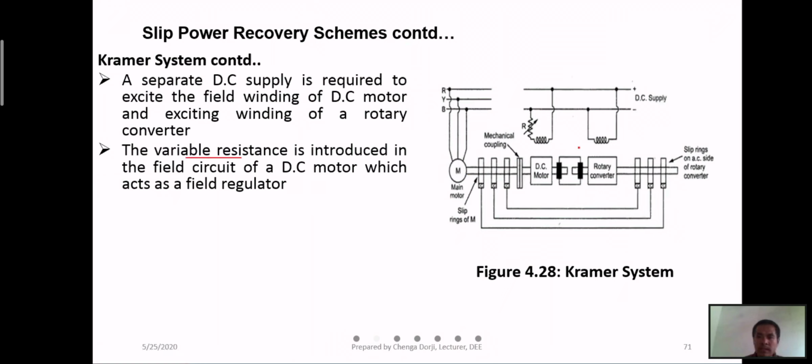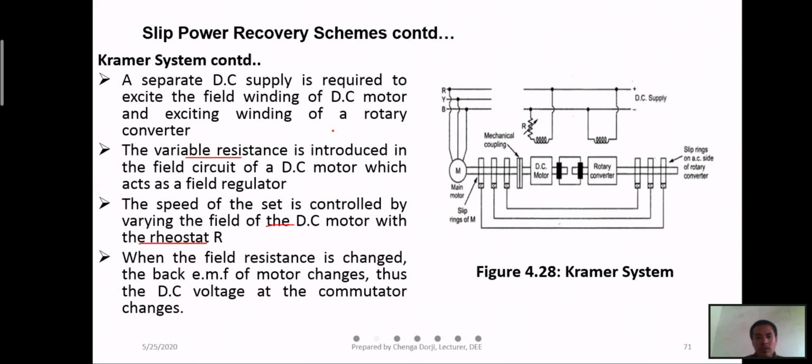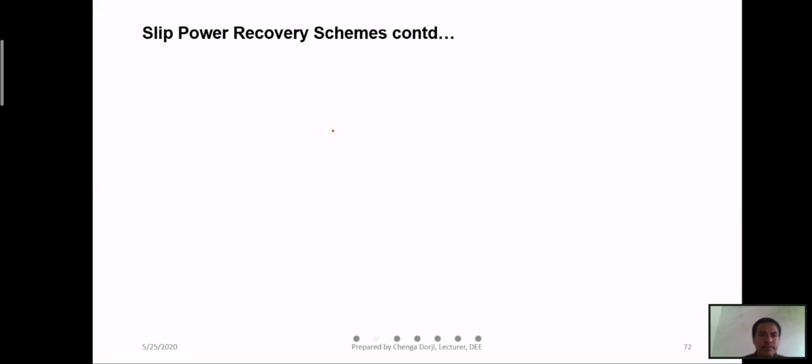Then a variable resistance is introduced just to vary the field circuit. The speed of the set is controlled by varying the field of the DC motor with rheostat R. This is your conventional one. When the field resistance is changed, the back EMF of the motor changes, thus the DC voltage at the commutator also changes.